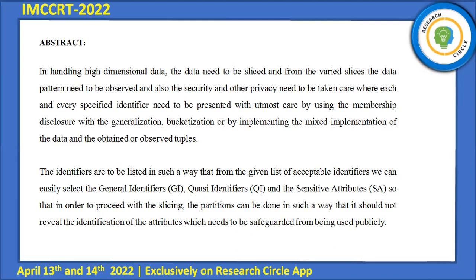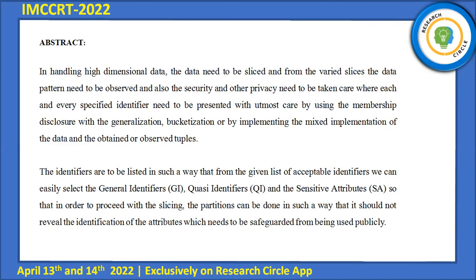At the same time, we should understand the types of qualifiers, attributes or identifiers which are going to be implemented here. The entire thing goes on like a K-anonymity algorithm or the L-diversity algorithm, and the main focus is on membership disclosure, with the usage of techniques you can call generalization and bucketization.